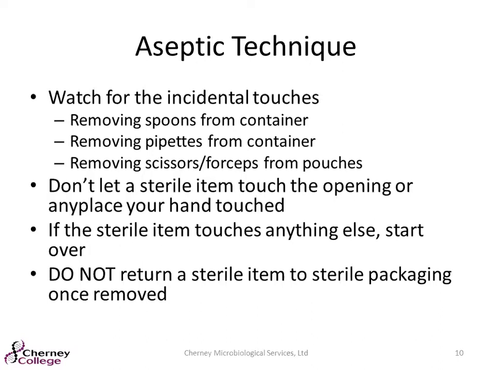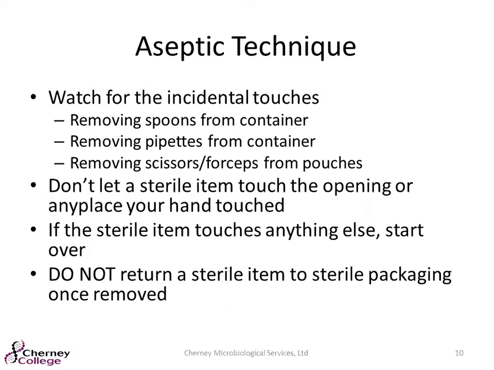When we talk sponges, aseptically get that sponge swab out of the bag and then put it back in without having that whole stick get inside the bag. So don't let a sterile item touch the opening or any place your hand touched. Like I said, if a sterile item touches something or you think it might have, just start over.